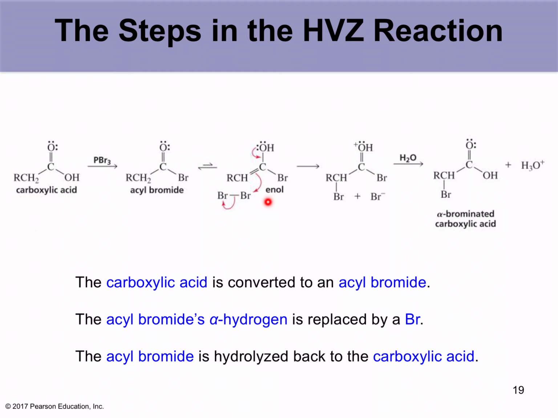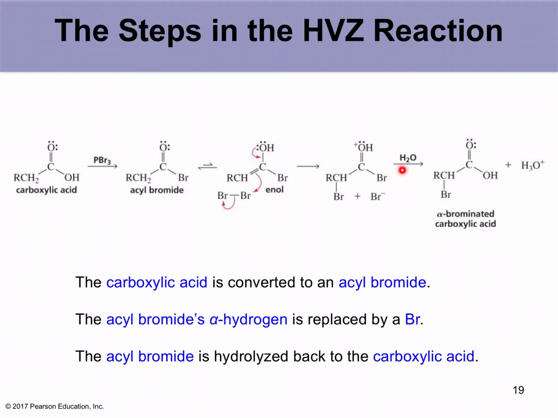So once the enol form has been formed, one of the lone pairs forms a double bond, and then the carbon-carbon pi bond breaks and forms a bond with the bromine, and it halogenates the alpha carbon. Okay. So you have this protonated oxygen also on the carbonyl group.